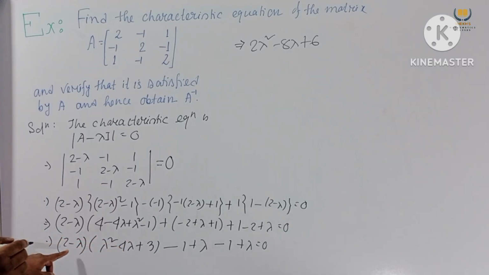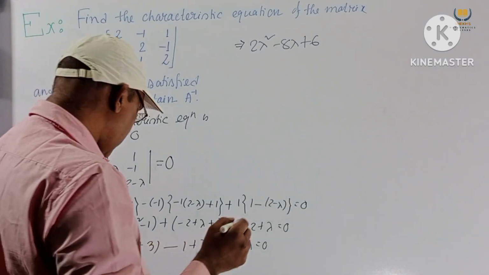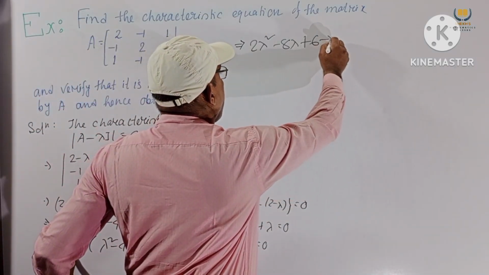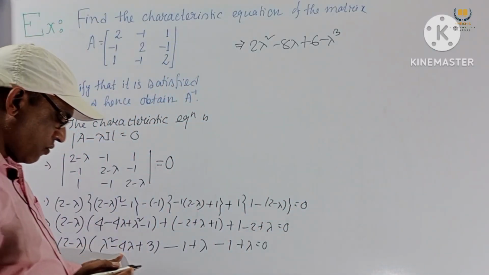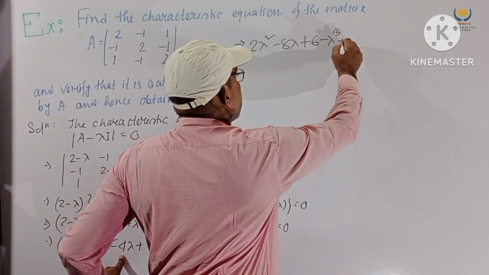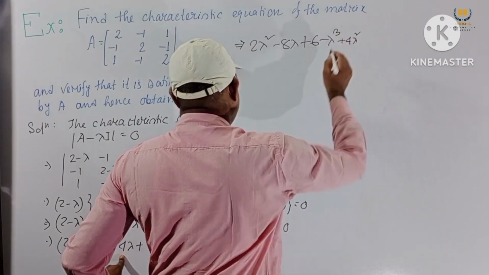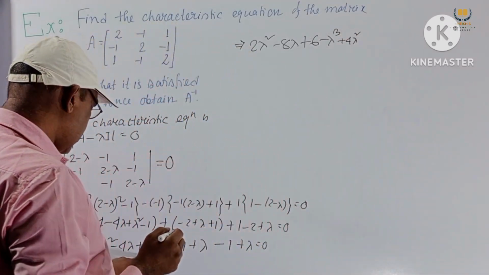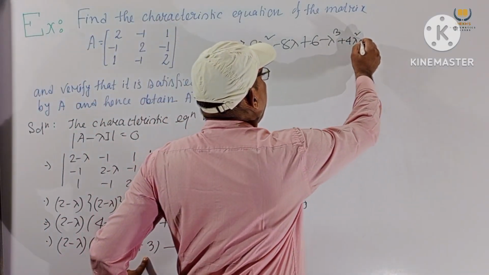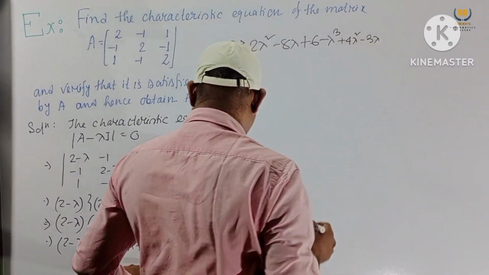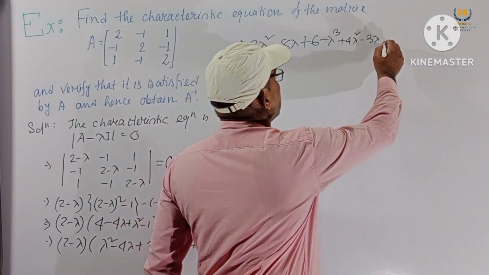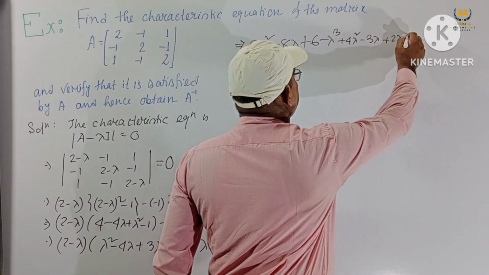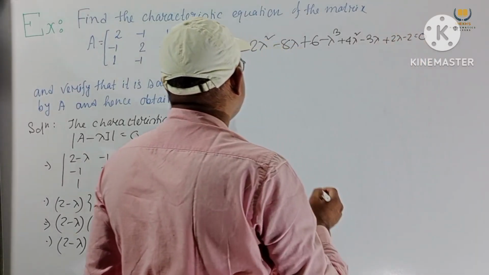Multiplying by 2 we get this, and multiplying by minus lambda we get minus lambda cube plus 4 lambda square minus 3 lambda, and then 2 lambda minus 2 equal to 0.